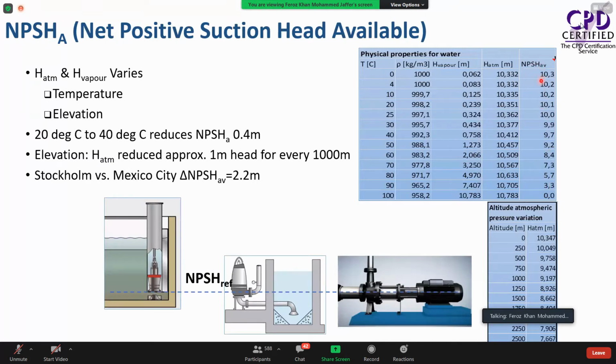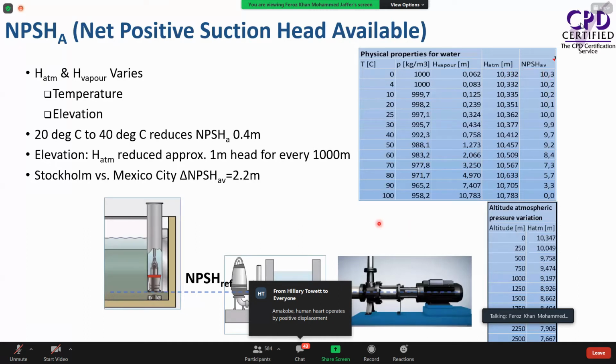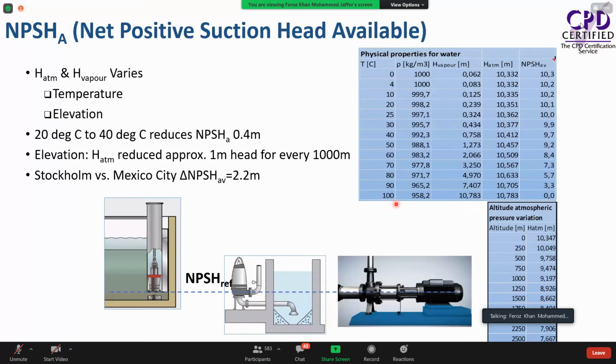This is basically a calculated value. For this temperature, we have this vapor pressure. Then we have the atmospheric pressure. Then we calculate. As you can see, the NPSH available goes down when the liquid temperature goes up. If you are in municipal water supply, this may not affect a lot.